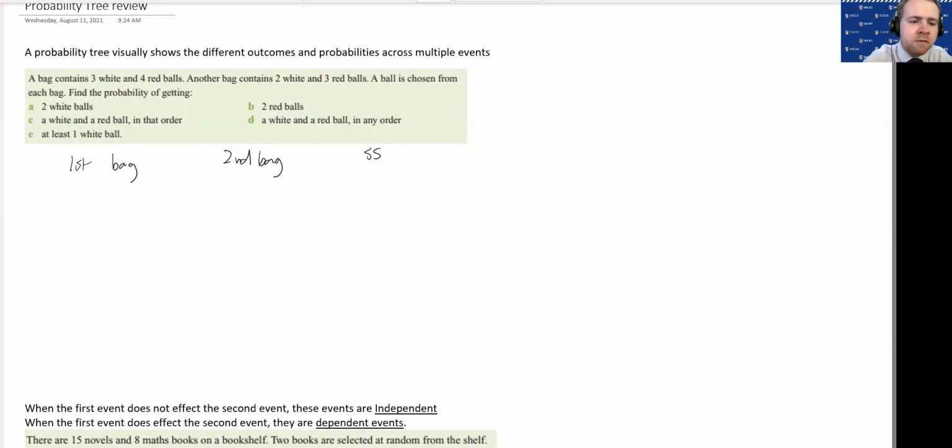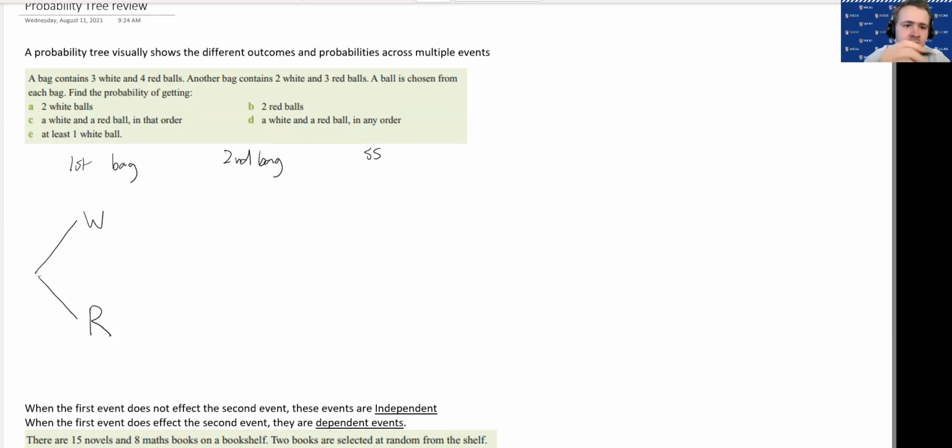From the first bag, the options that we have is we could get a white ball or a red ball. They're the only options that we could get. Now, the probabilities of getting a white ball and a red ball are different. So what we do is we write those probabilities on the line or just above or below the line of that branch that goes into that direction.